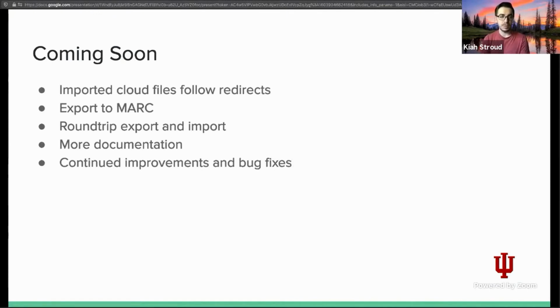There's a new supported file format for export called MARC, which will be coming soon, as well as improving round trip importing and exporting. So if you import and then export from that importer, you should be able to just re-import with no issues. Improved documentation and also improved bug fixes and the like.